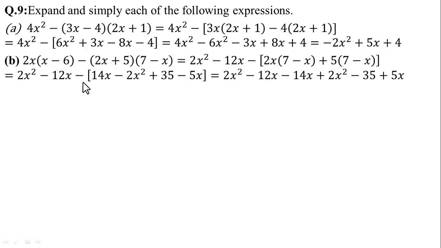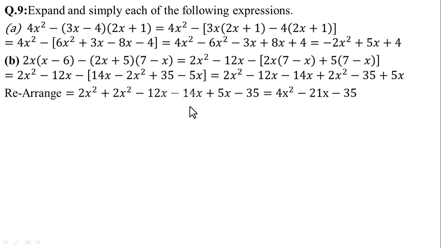Now opening the square bracket, the negative sign changes all the signs inside the bracket. So we can write 2x square minus 12x minus 14x plus 2x square minus 35 plus 5x. Now rearrange the values with respect to variables and higher power of variable: 2x square plus 2x square, minus 12x minus 14x plus 5x, minus 35. 2x square plus 2x square is 4x square.